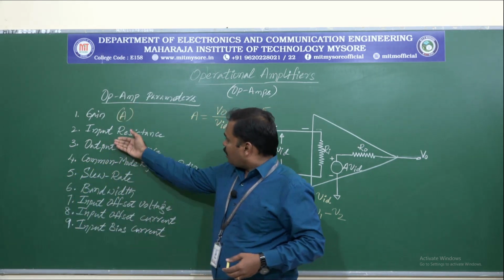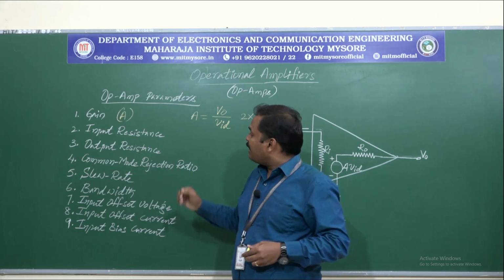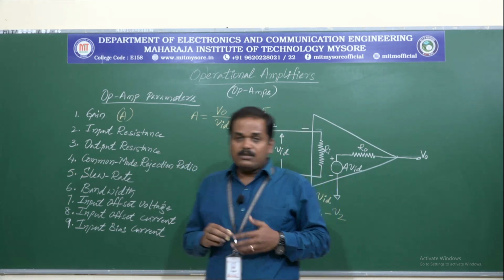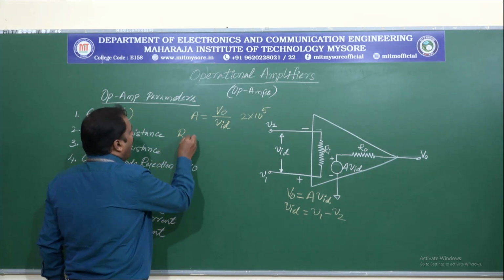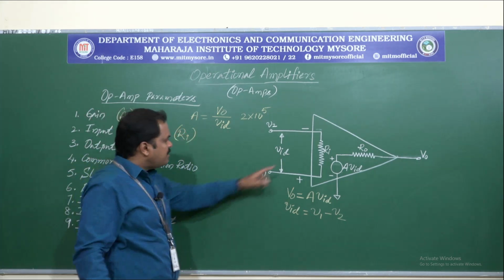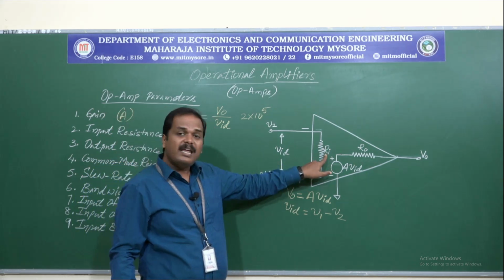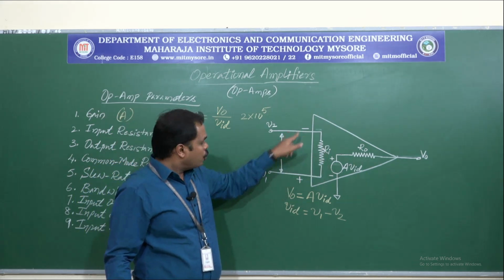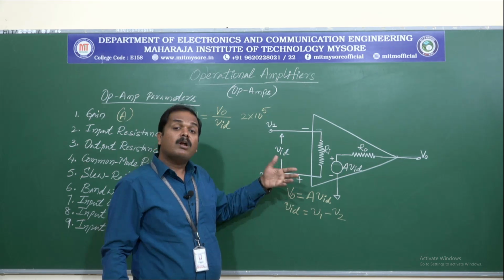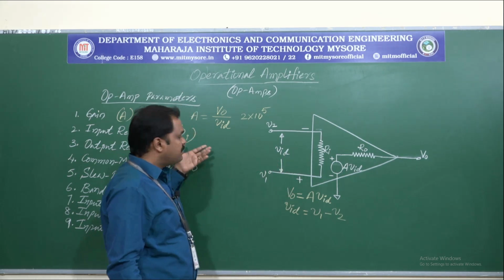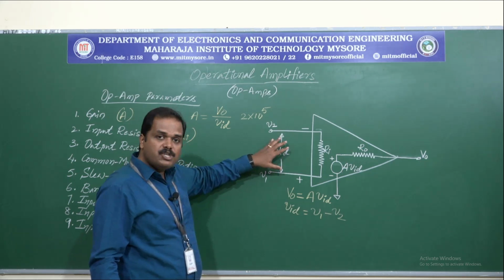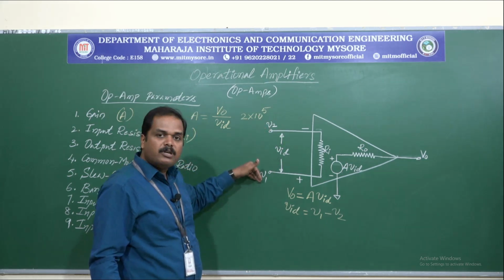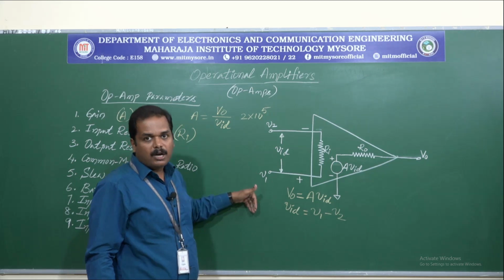Alright. So now coming to the second parameter, that is input resistance. This input resistance is represented as Ri. Here in this diagram we can see the resistance between two input terminals, or we can also define this input resistance as the resistance that is measured at any one of the input terminals with respect to ground.